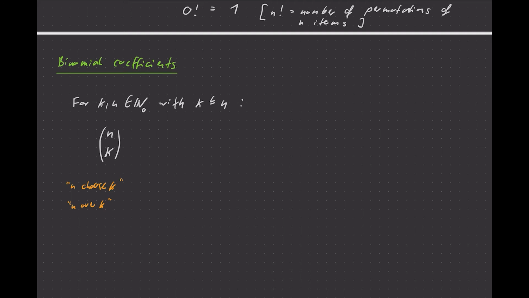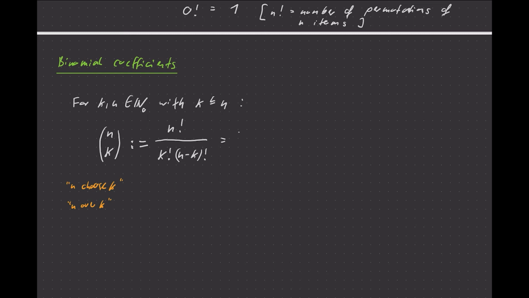That is defined as n factorial over k factorial times n minus k factorial.